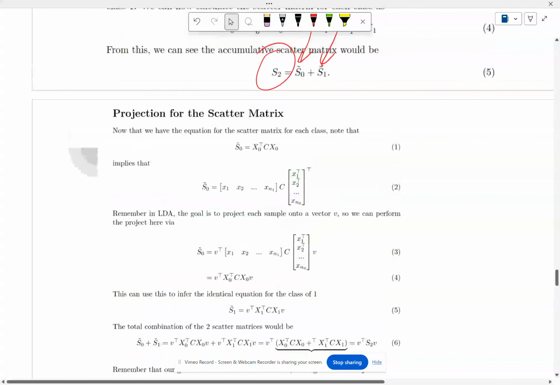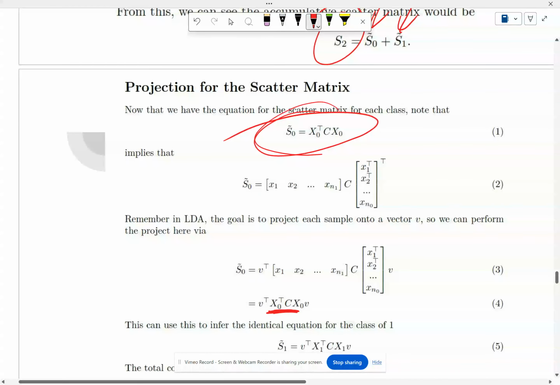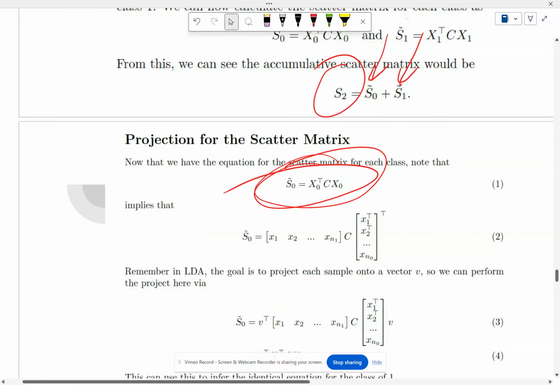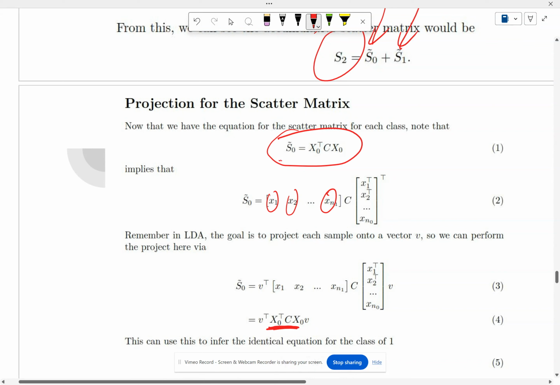So now that we know, here's the equation. The scatter equation we just saw for S0 is essentially, remember, we can make this matrix as vectors of vectors. If I make this vectors of vectors, this is just x1 all the way to xn. This should have been a 0 here.